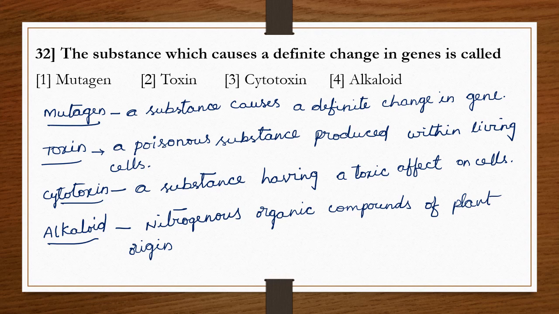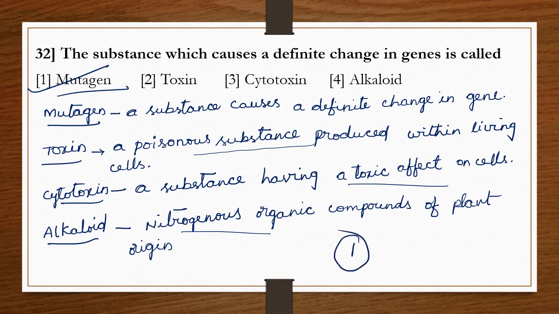So alkaloids are the nitrogenous substances present in plants. Cytotoxins, substances having toxic effect on the cells. A poisonous substance produced by living organisms is toxin. Mutagen, a substance that causes a definite change in a gene. So now what is the question? The substance which causes definite change in gene. So according to this information, the correct answer is option 1, mutagen.